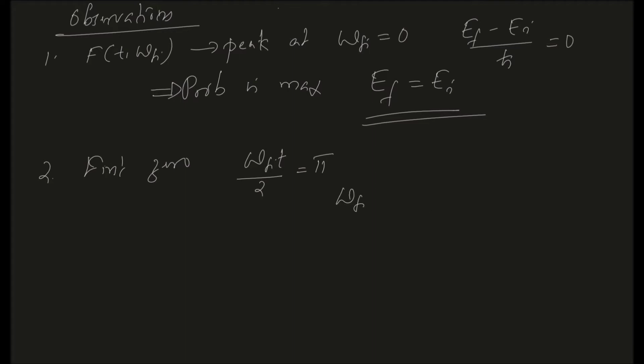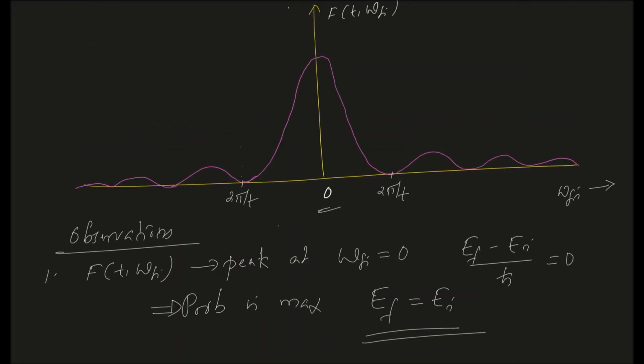So it tells you that the first zero occurs when ωfi is equal to 2π by t. You can see that on either side of this zero, the function becomes 0 when ωfi becomes 2π by t. So we can calculate the width of the transition.